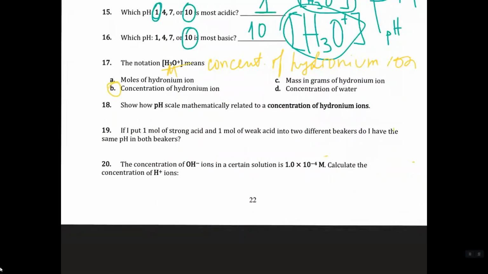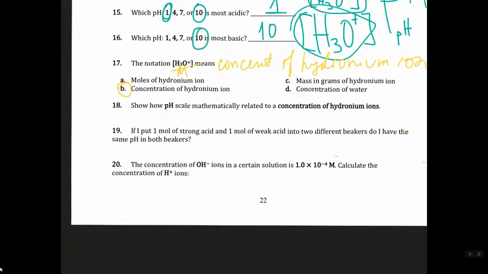In number 19, if I put 1 mole of strong acid and 1 mole of weak acid into 2 different beakers, do I have the same pH in both beakers? No, I don't, because pH is related to the hydronium ion concentration, right?